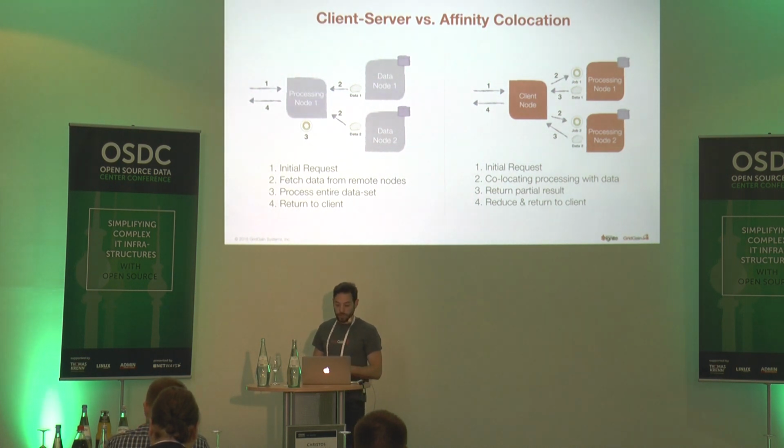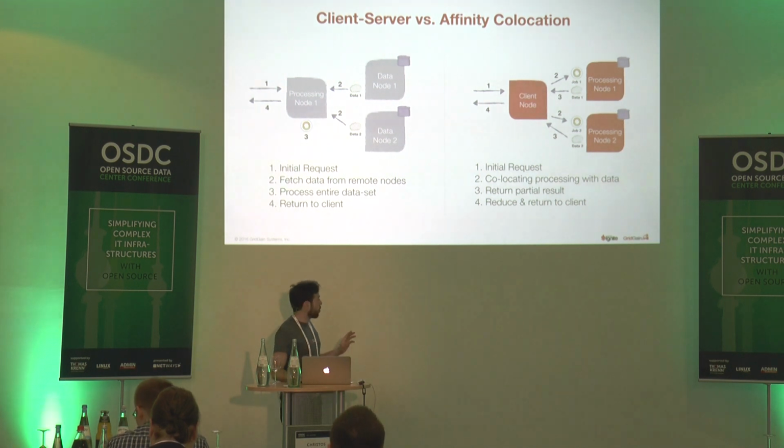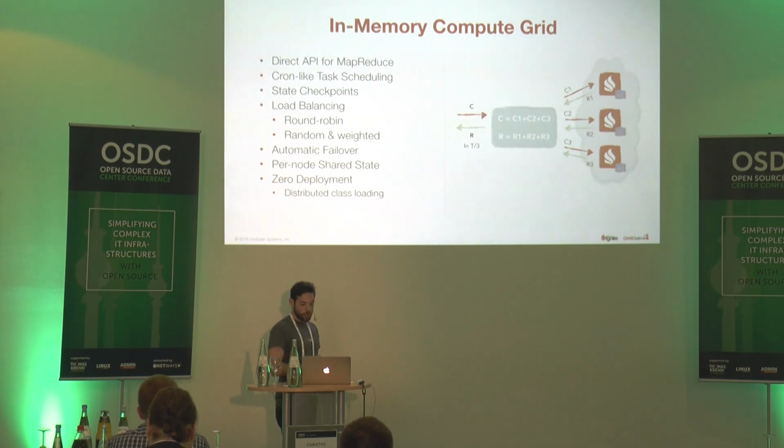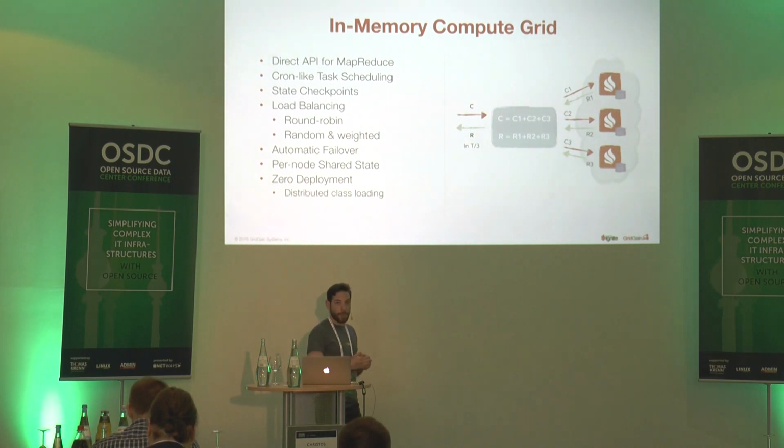Now, this gets more interesting because that's a full broadcast. You can also be more specific in where you direct that processing, and that's what we call data affinity access or affinity processing.